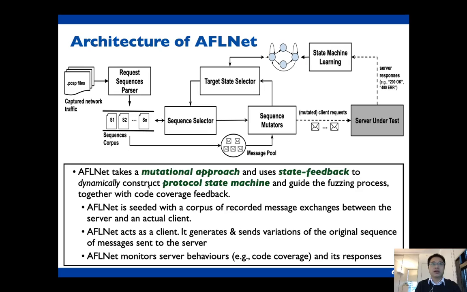Because we take the mutational approach, we can leverage all the real-world traffic between the actual client and the actual server of a specific protocol as the seed input, and we build the corpus. We mutate the inputs in the corpus in order to generate other variations of the message sequence and send them to the server under test.